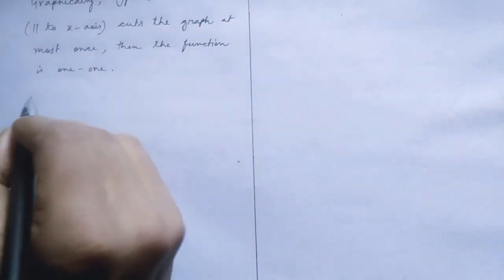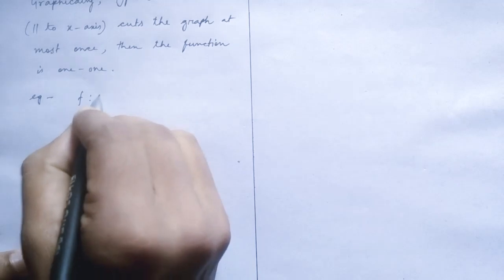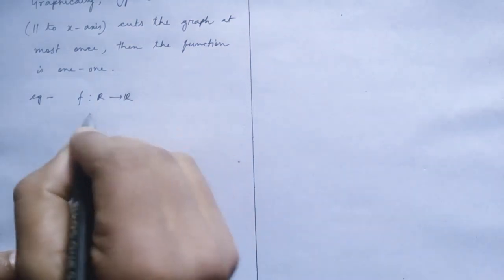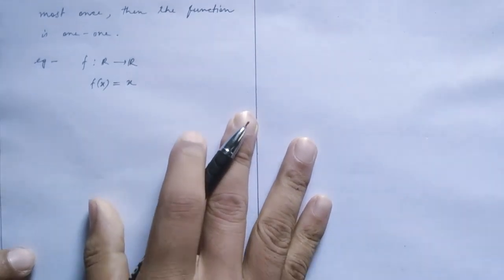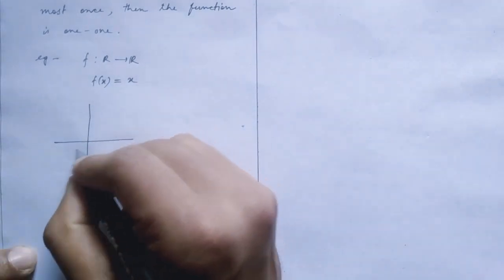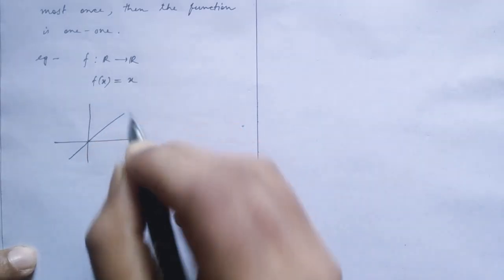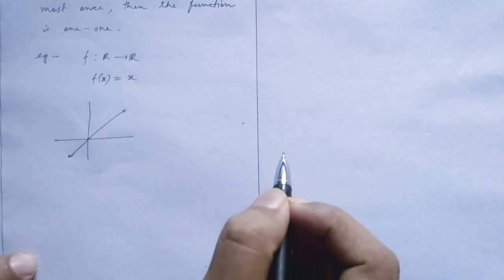So I give you some examples. Suppose f from R to R and f of x equals x. This is the identity function. So the graph is like this. You all already know about this.